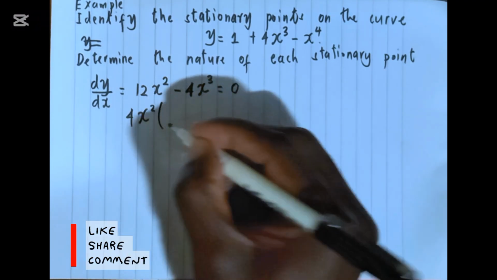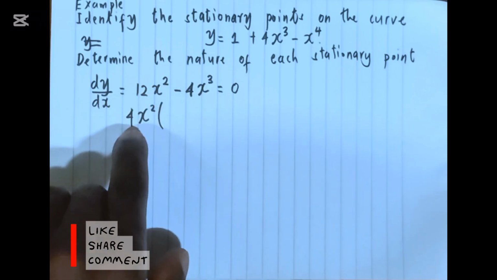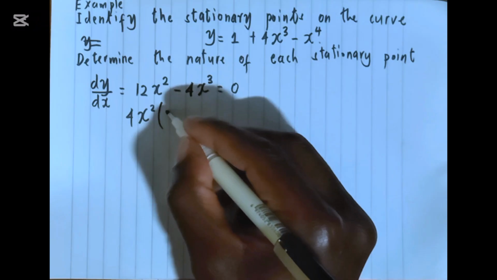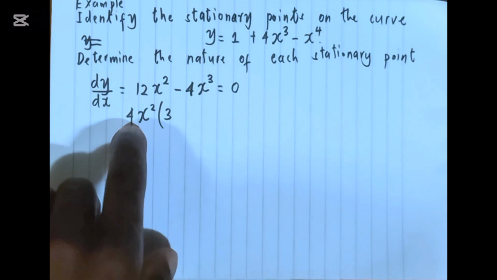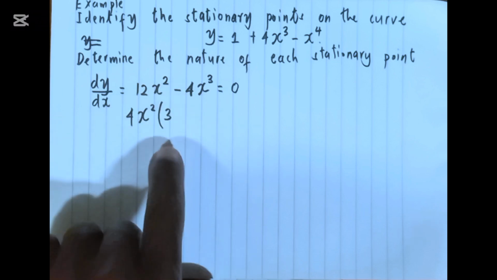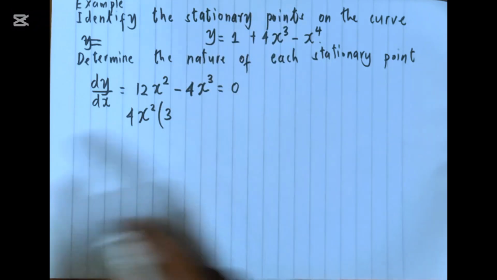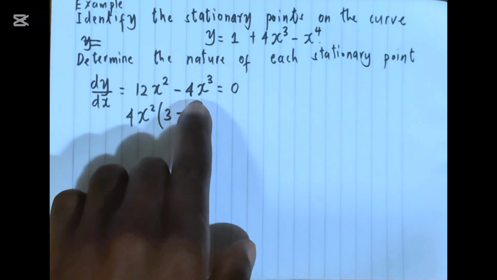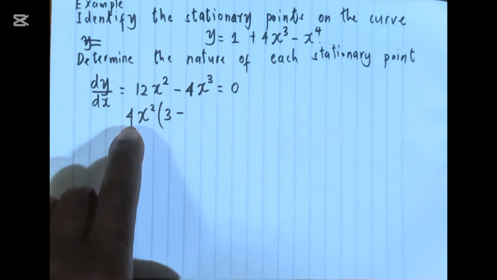4x squared into, so 12x squared divided by 4x squared will basically give us 3. That's 12 divided by 4 giving us 3, and x squared divided by x squared giving us 1. So that is 3 times 1, which is just 3. Minus, in here we are having negative 4x cubed, and we are supposed to divide it by 4x squared.